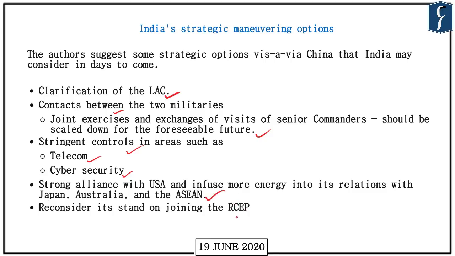And then finally, if you recall, India has declined the membership of RCEP, or Regional Comprehensive Economic Partnership. Now, according to her, such isolation from major regional trade deals is not going to serve any purpose for India. And hence, the time has come for India to reconsider its stand on joining RCEP.